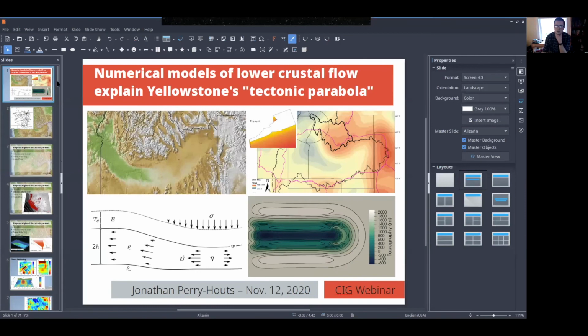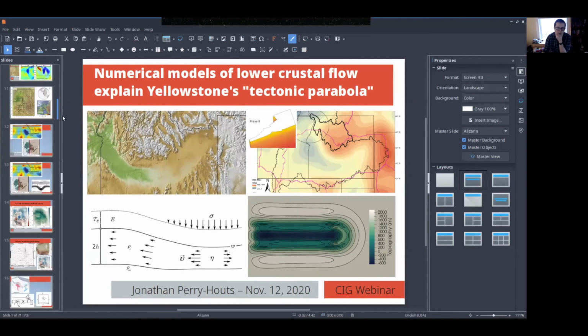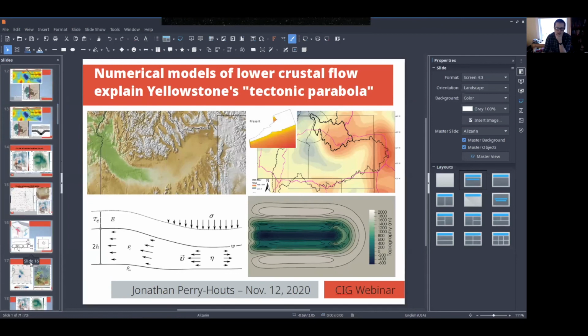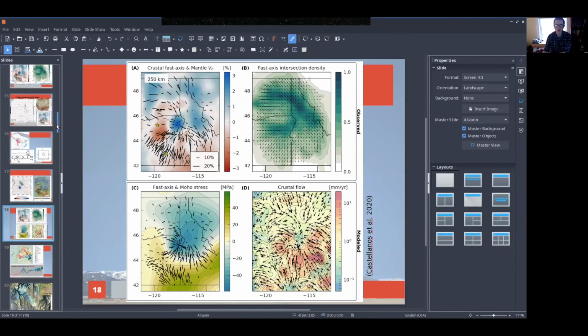Okay, so there are two models here. There's this one, the one that's looking at flow driven by the mantle, and in that case, that's a whole mantle model, but it only includes density structures from this little square. So it's not including a global mantle tomography model.